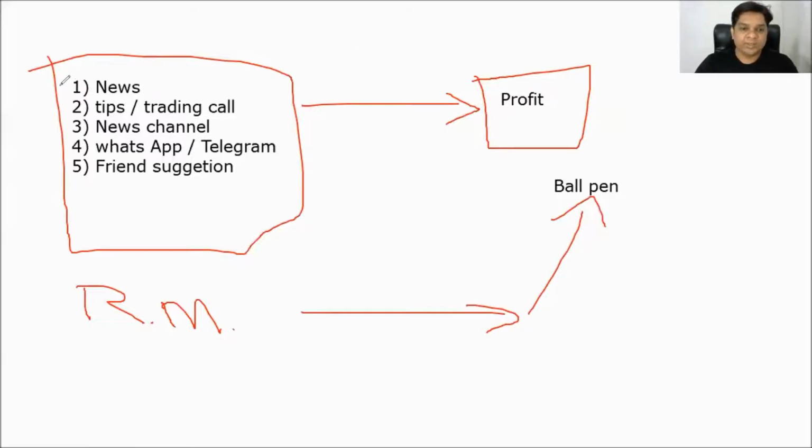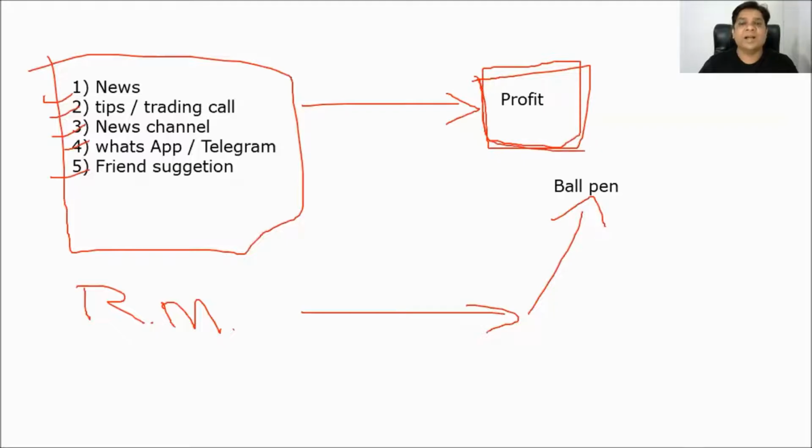And here you are applying different methods to trade, like news, tips, following news channels, WhatsApp and Telegram callers, sometimes a friend's suggestion, or sometimes even a pawn shop person suggesting you buy this stock, it is very good and you will make money in the next 6 months or 1 year. I have news on that, and that person told me this is very nice. Based on this kind of suggestion, you buy or trade particular stocks, and you want the desired result of profit.